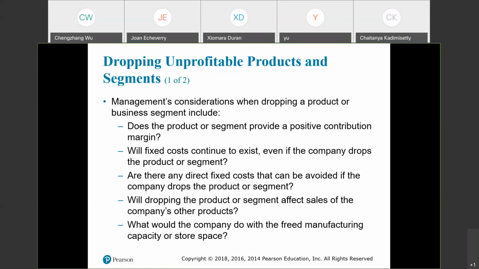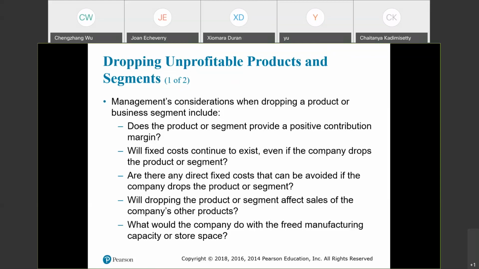And lastly, what would the company do with the freed manufacturing capacity or store space? Well, it means if the company drops this category of products, the manufacturing capacity increases, or in other words, will be freed. So what would the company do with the freed manufacturing capacity is another consideration when management makes such decisions.